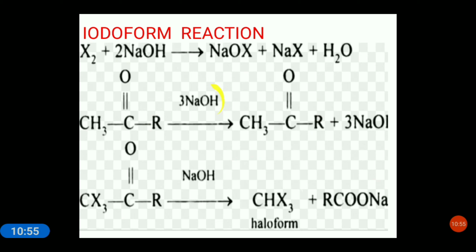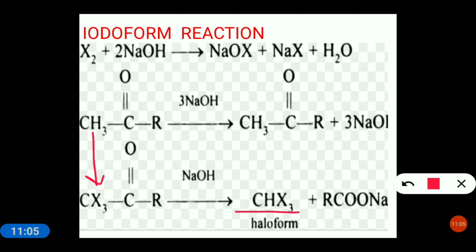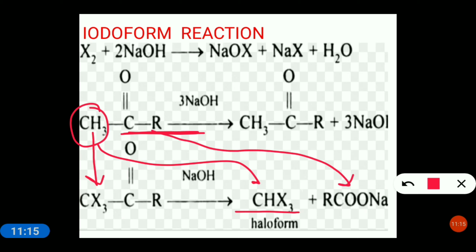When it reacts with NaOH and I2, please remember that the hydrogens on this carbon get replaced by the halogen and you will get the haloform. This carbon forms the haloform, and the leftover carbon, whatever number of carbons are left here, gives rise to the sodium salt of a carboxylic acid.